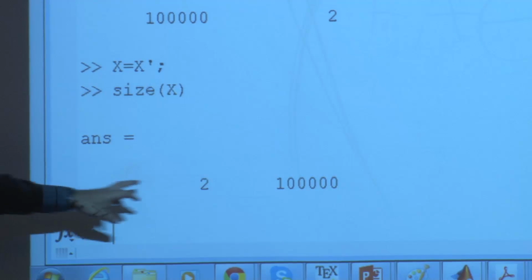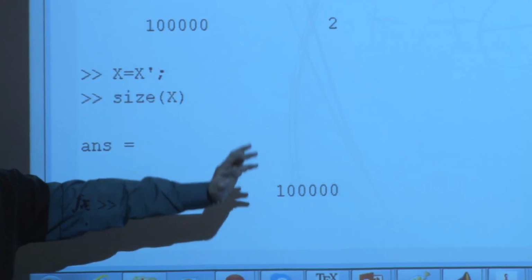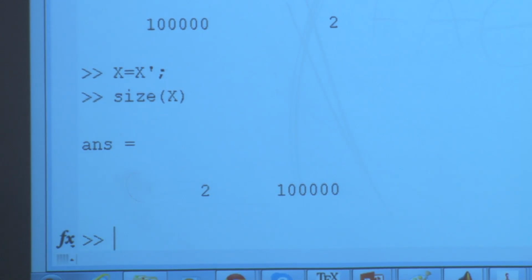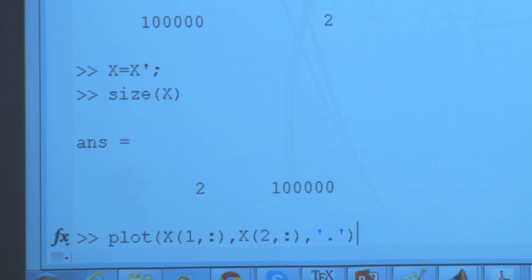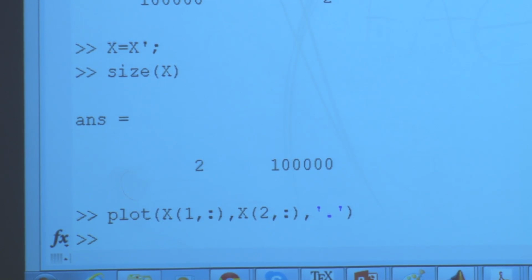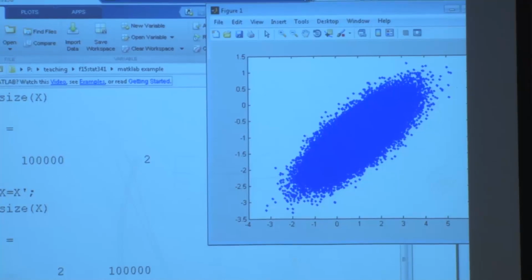So it's 2 by n: 2-dimensional points, and they have 100,000 of them. Okay? So if I plot this X, this is basically 1,100 data points.